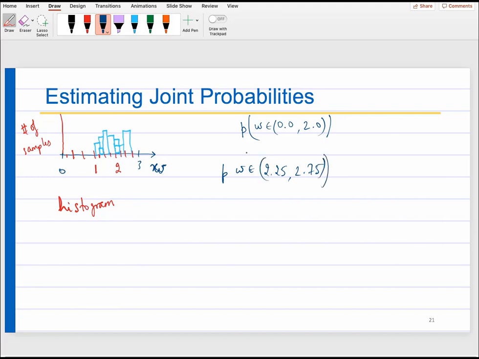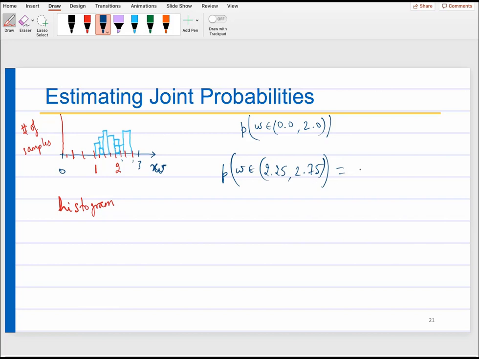Can you find it out? What will you do? This is my 2.25 somewhere here, this is my 2.75 somewhere here. I will count the frequencies. That is, this is 1, this is, let's say, 1, 2, 3, 4.